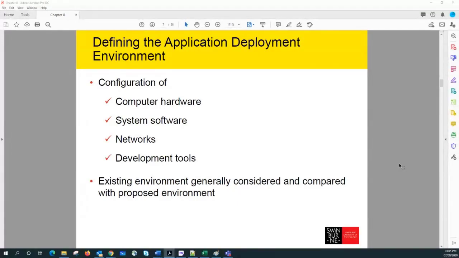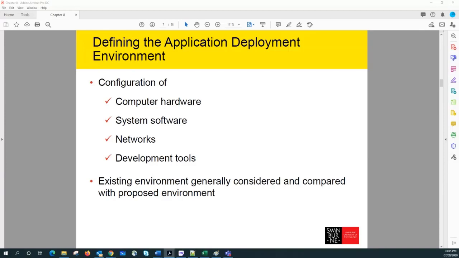So one of the key areas that we need to evaluate is to define the application deployment environment, right? Because when we develop the application, we need to deploy it in some specific area. That is what we mean by the application deployment environment.